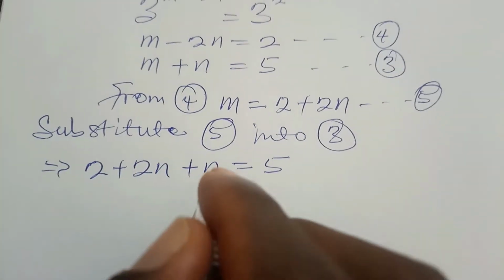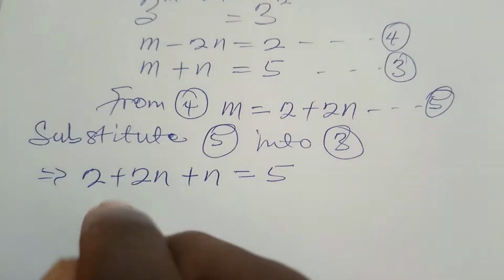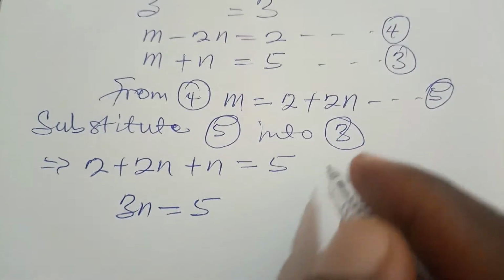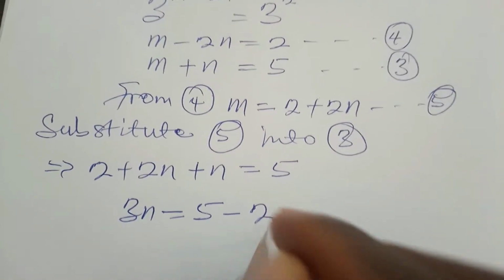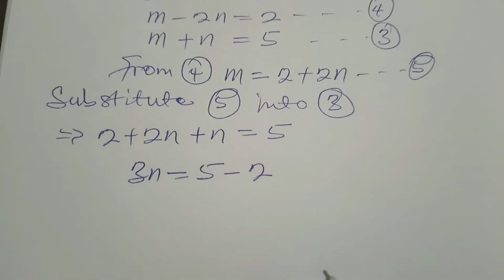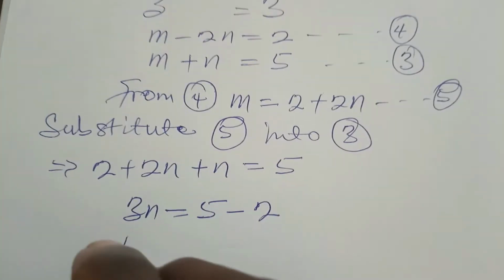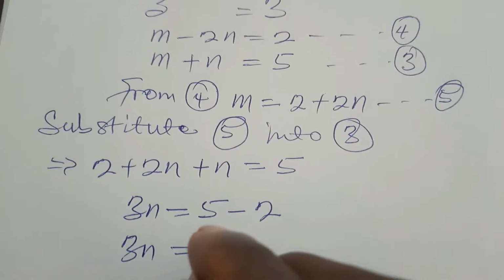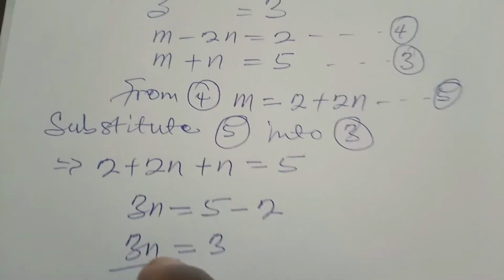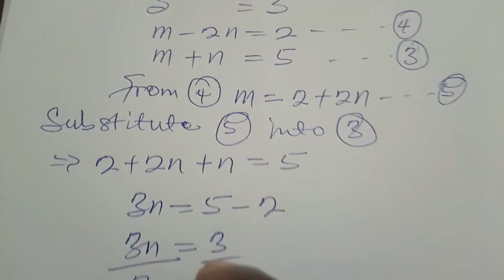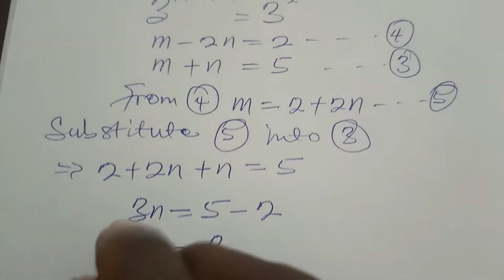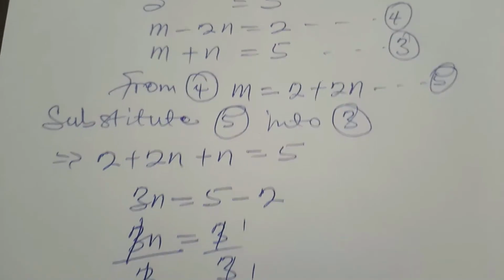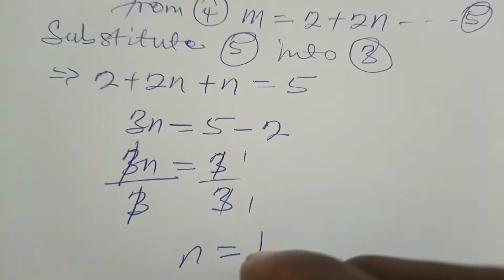This will be 2n plus n, they are like terms, so that will give us 3n equal to 5. This 2 goes to the right and becomes minus, so 5 minus 2, and 3n will be equal to 3. We divide both sides by 3. Our n will be equal to 1.